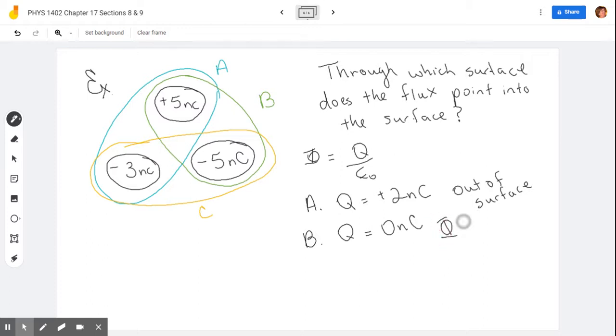The flux is 0. And finally, for C, that's our gold, we can see that the charge is actually negative 8 nanocoulombs. If you have a negative charge, you get flux into the surface. Think of those electric field lines, they point towards negative, into the surface.